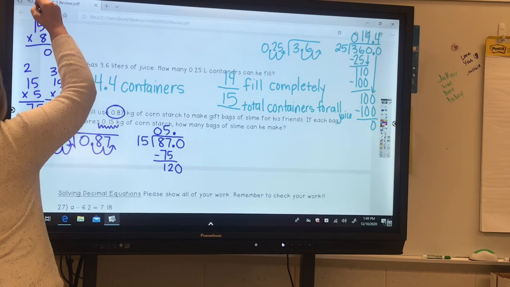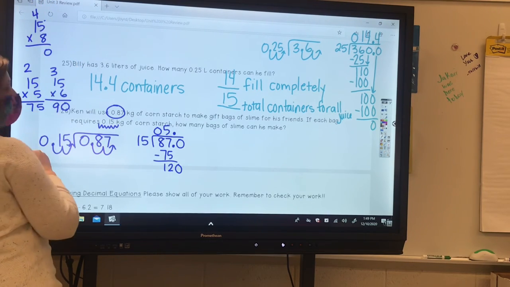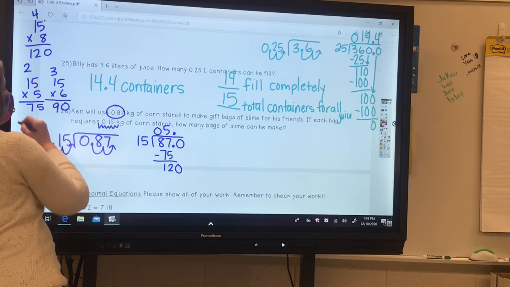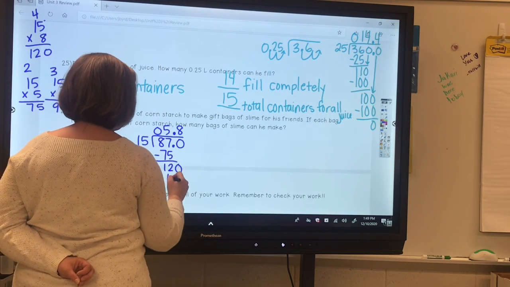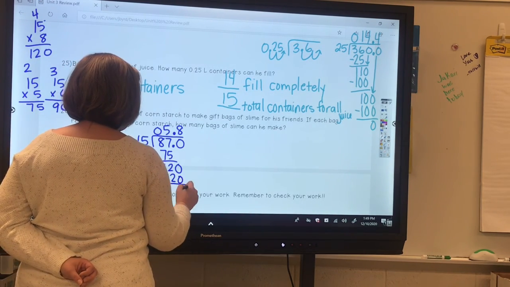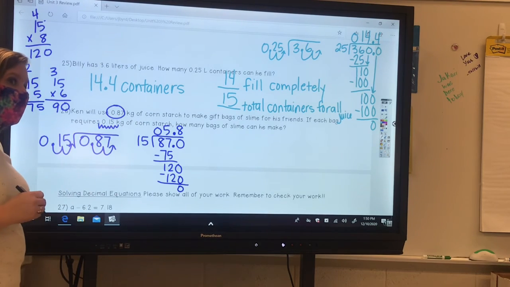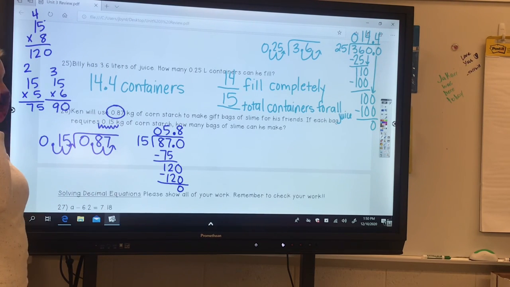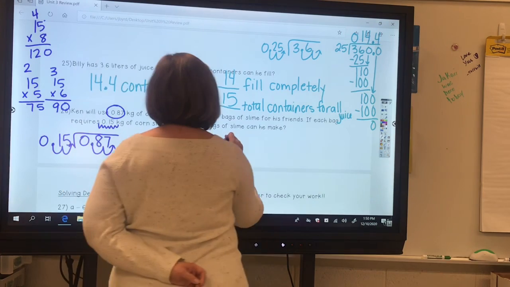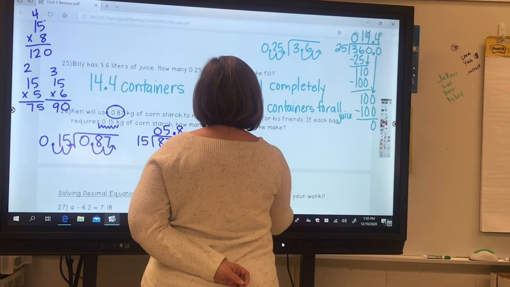Maybe 7 or 8. All right, so if he can make 5 8/10 bags of slime, how many can he really make? 6? Does he have enough to make 6? No. So how many can he make? 5. All right, work on this next page.